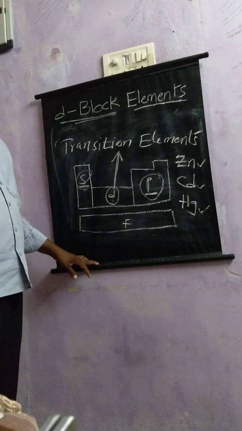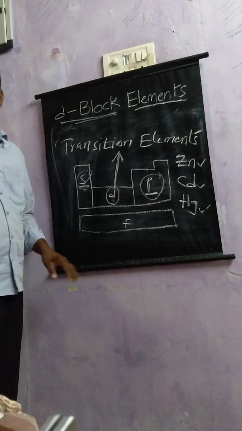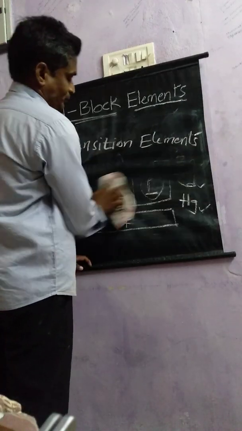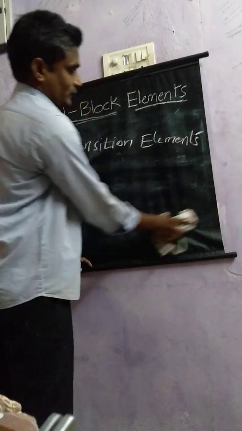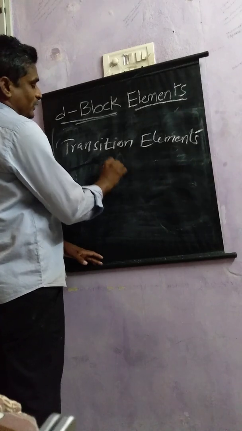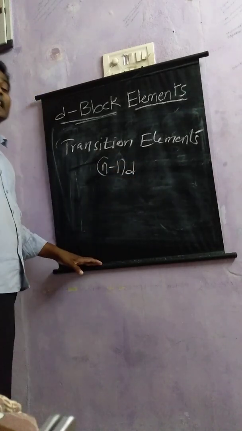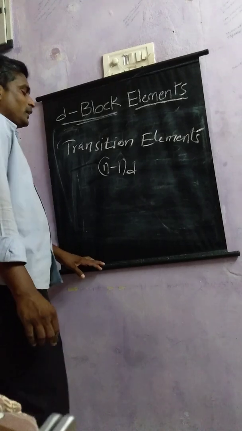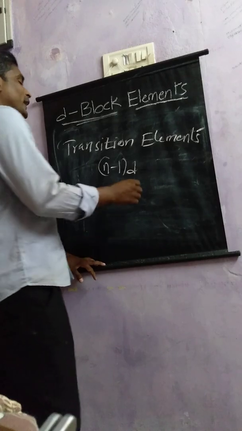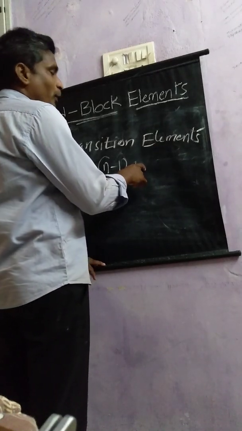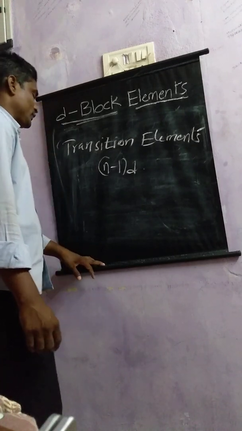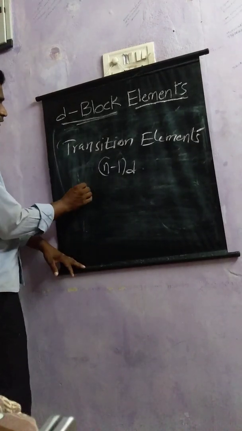And we can say in another way, if the (n-1) d sublevel is incompletely filled, then that element is called a transition element. Let us suppose we take the case of scandium.